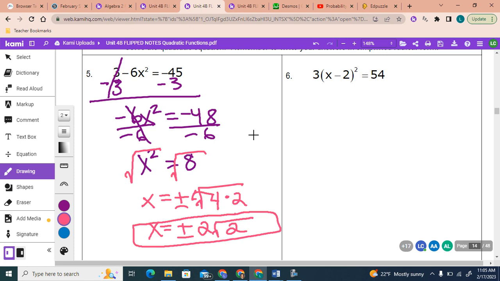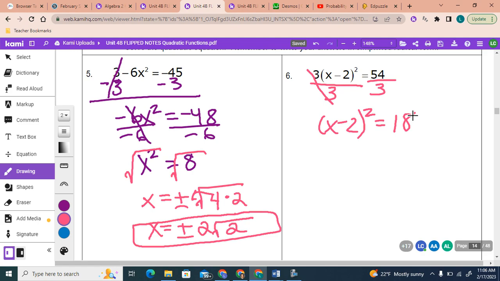Oh. Why don't we get rid of this 3? That'll make our lives a lot easier, right? Divide it. Whenever you want to undo something, you do the opposite of it. So let's get rid of it. Let's divide it. It's making our lives complicated. So we have x minus 2 squared equals 18.